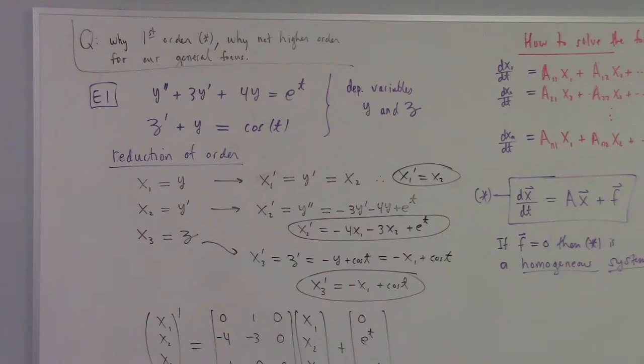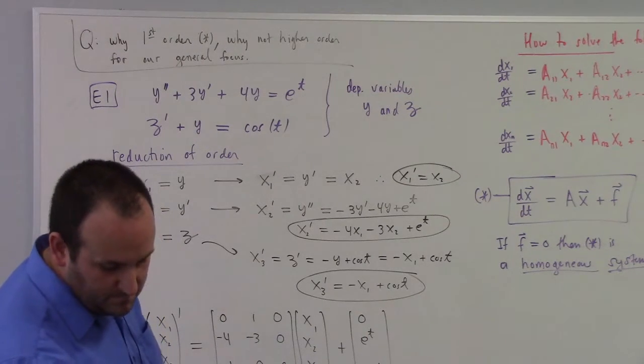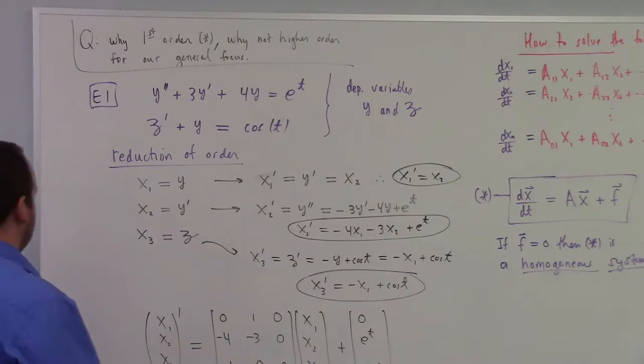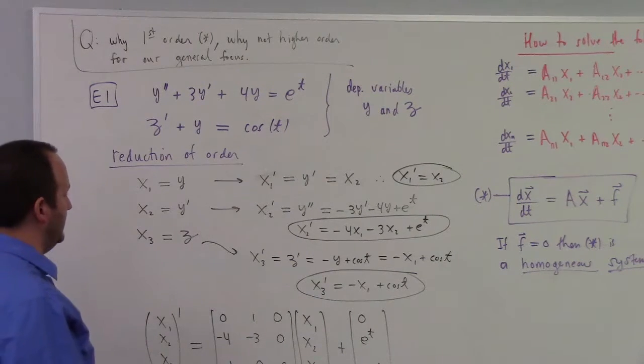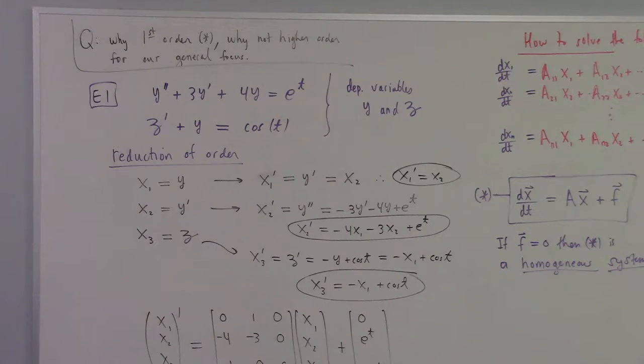Right. Question, yeah? Well, I mean, y and y prime. So, I mean, these are not really independent if you go back to y, are they? I mean, I can get y prime from y by differentiating, can I?